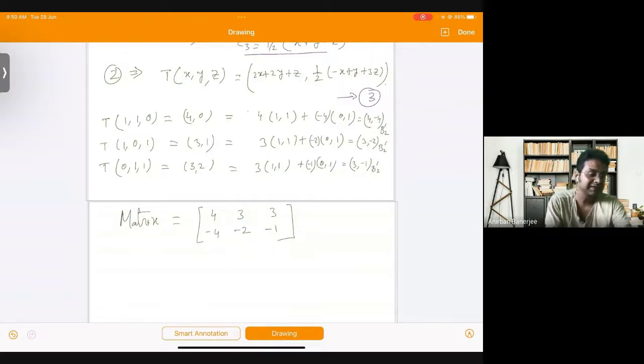Okay, is it fine, clear? Any doubt about this problem?